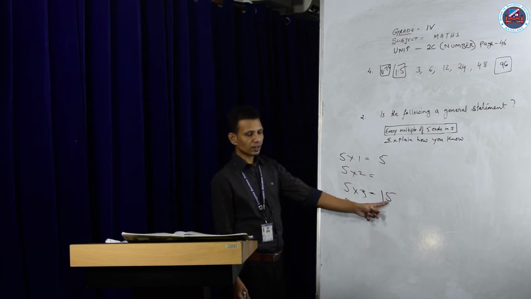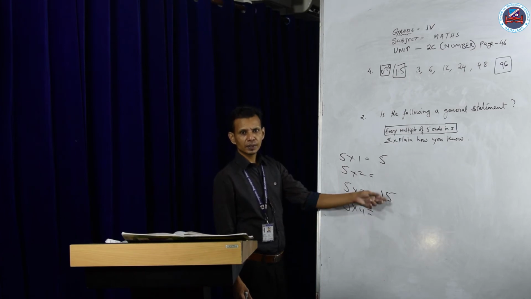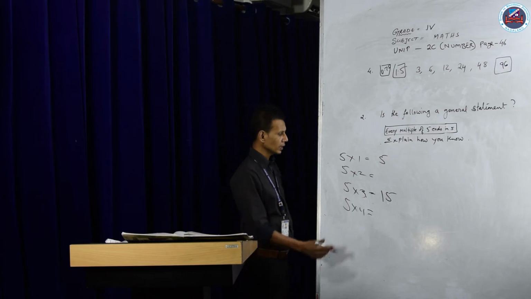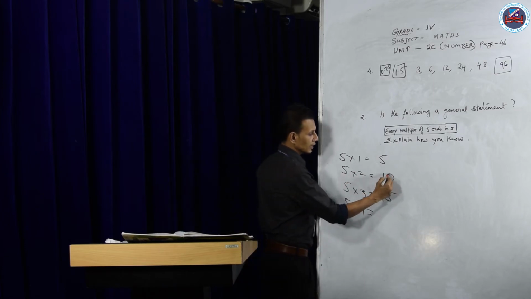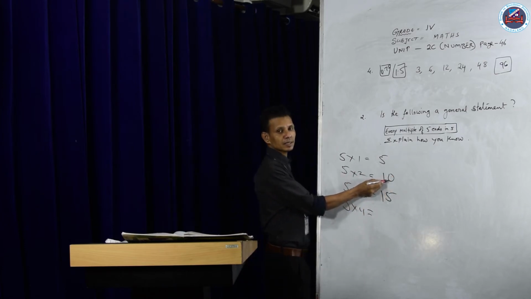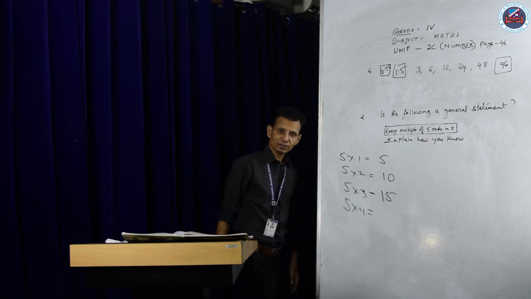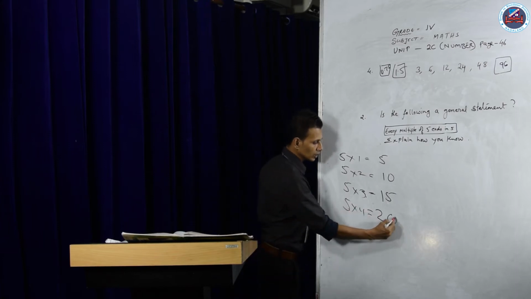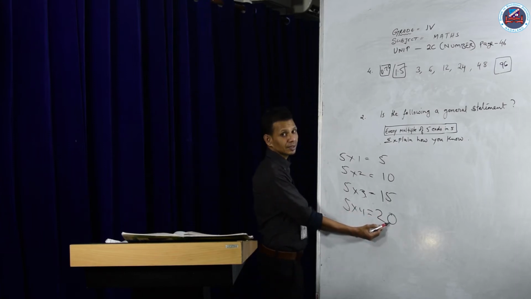Still it ends in 5. But always, no. Why? Because 5 times 2 is 10. It ends in 0 and not 5. You agree with me? Here also, 5 times 4, 20. It ends in 0.